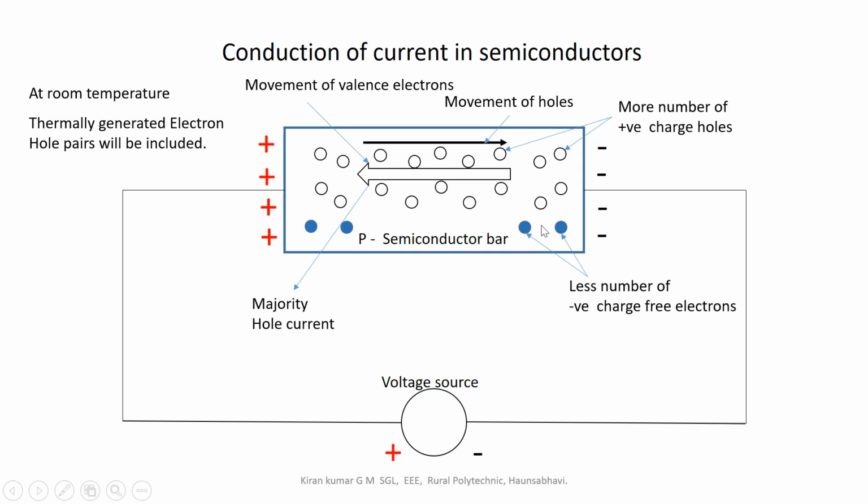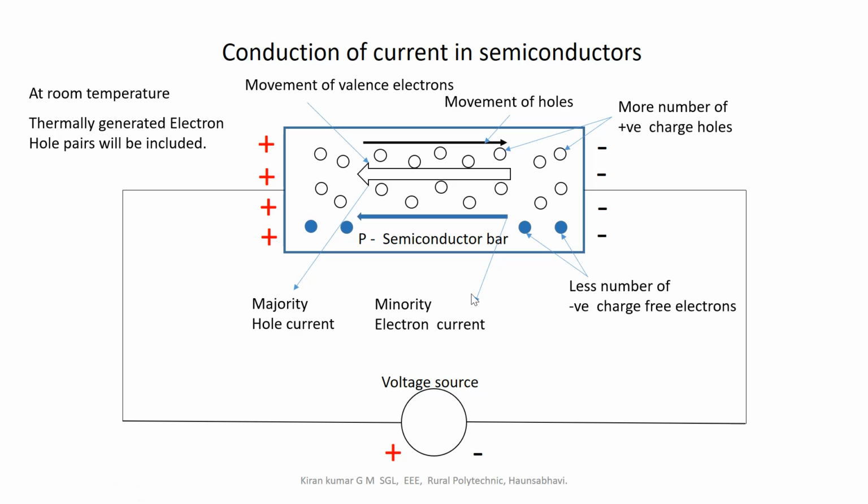However, there are a few thermally generated free electrons present in the semiconductor bar, which will be traveling from negative terminal towards the positive terminal and through the external circuit towards the positive terminal of the voltage source as directed by the dark line here. This movement of a few number of free negatively charged electrons constitutes small current, which is called as the minority electron current.